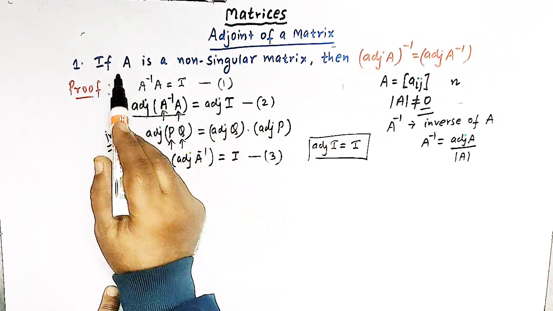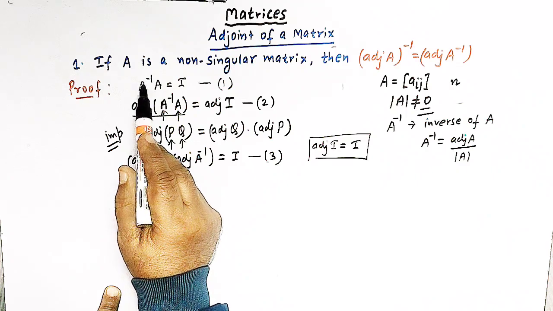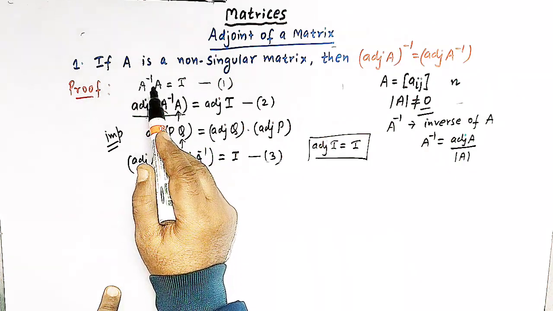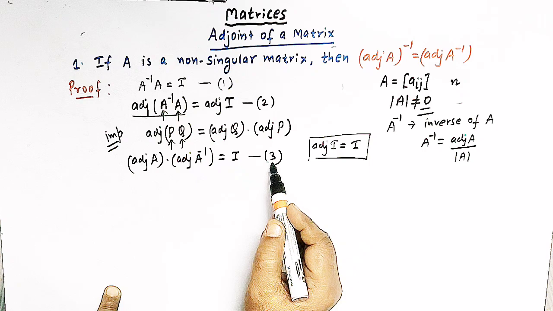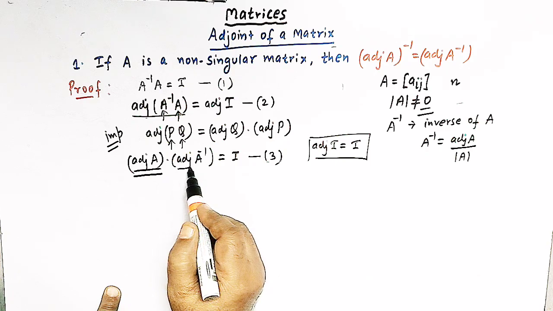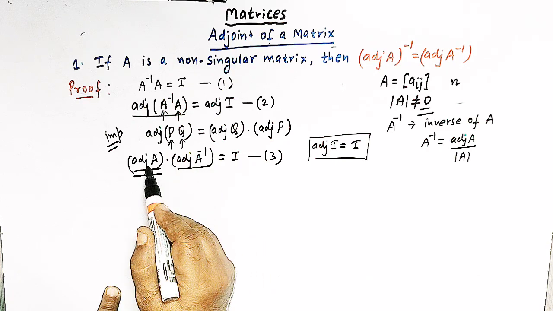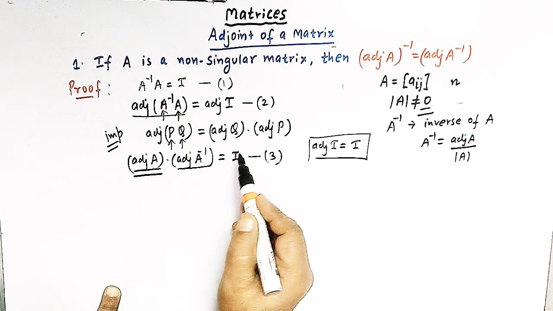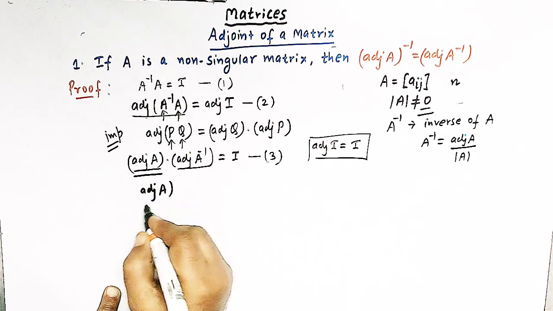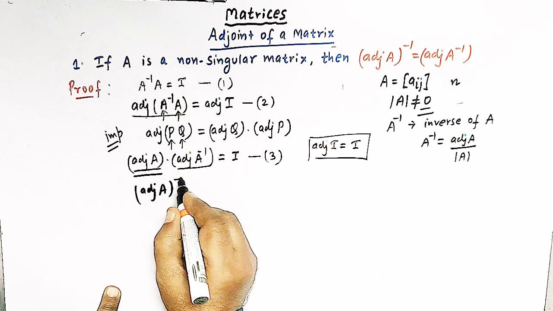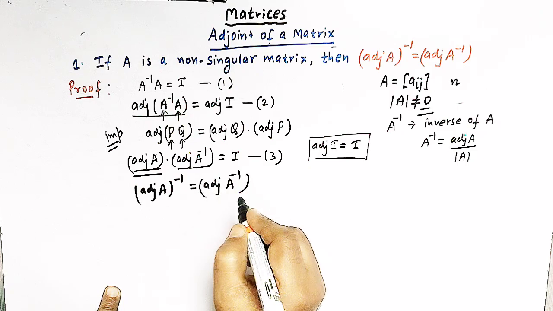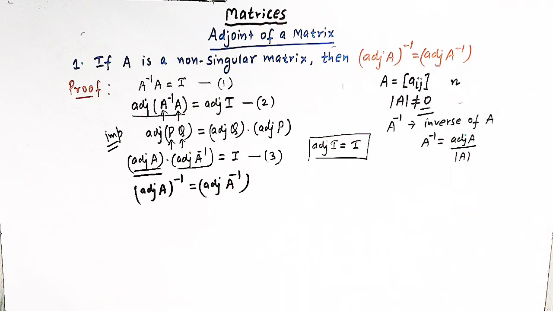Here, if we have a matrix A, then the product of the inverse of the matrix A with matrix A is equal to I. So if we compare equation number 1 and equation number 3, then the adjoint of A is the inverse of the adjoint of A inverse, because the product of these two matrices is equal to I. So comparing equations 1 and 3, the inverse of the adjoint of A should be equal to the adjoint of A inverse. And this is our desired result.